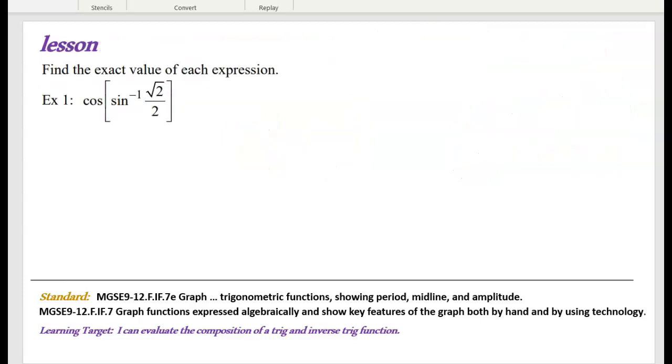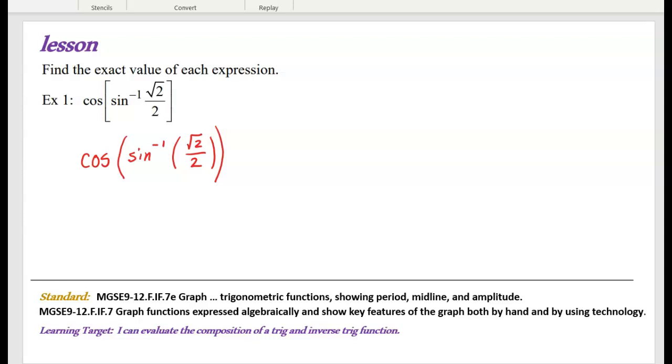All right, here we go with example 1. So we are composing functions. So just to be clear, that means we are finding cosine of, those brackets, of the inverse of sine of root 2 over 2. So I just want to make this clear that when you see cosine bracket, inverse sine, root 2 over 2, that's what that means.